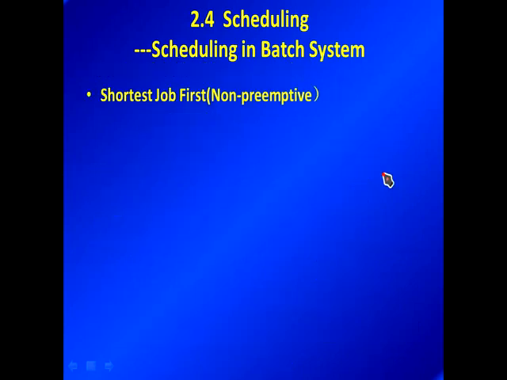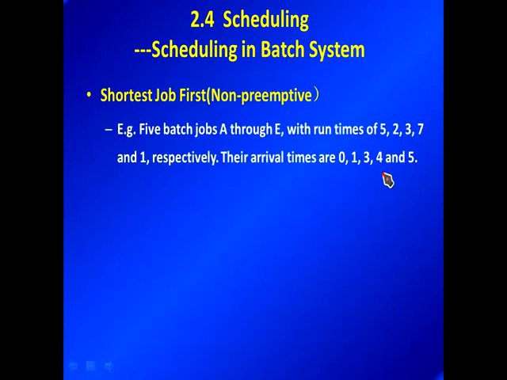But suppose they have different submission times, as shown in this example. We suppose there are 5 jobs with different run times of 5, 2, 3, 7, and 1, and their arrival times are 0, 1, 3, 4, 5.